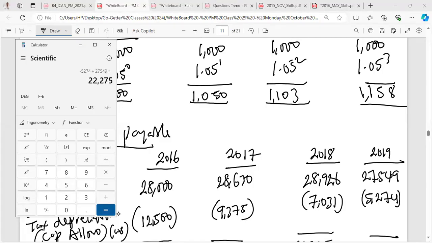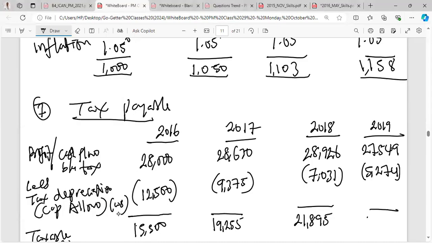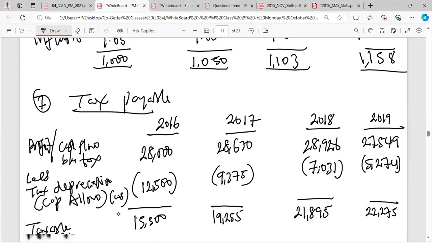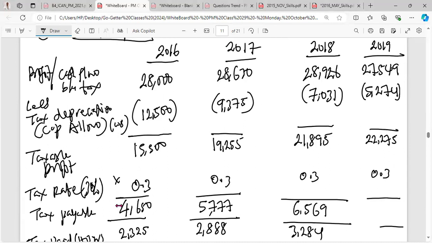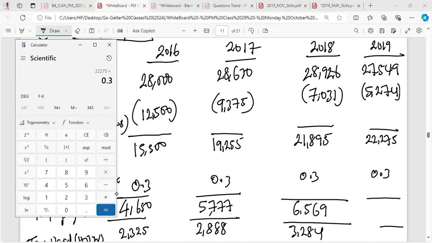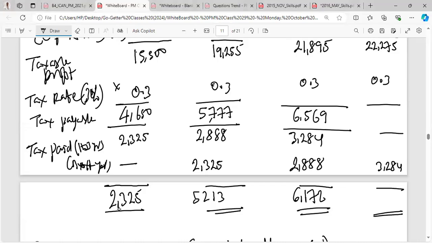That gives us 22,275. Of course, we have to multiply by 0.3. That gives me 6,683.